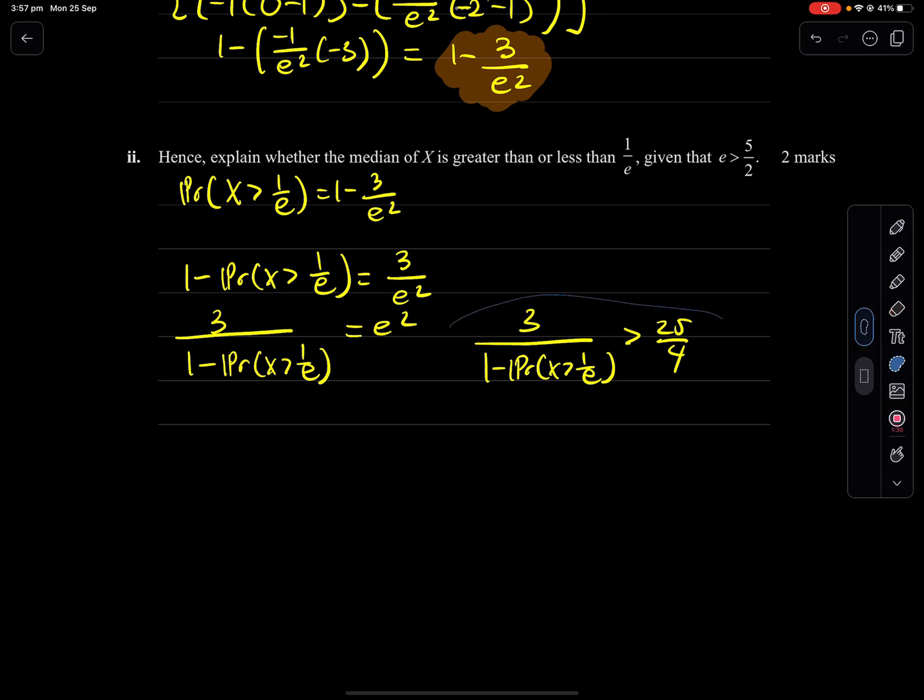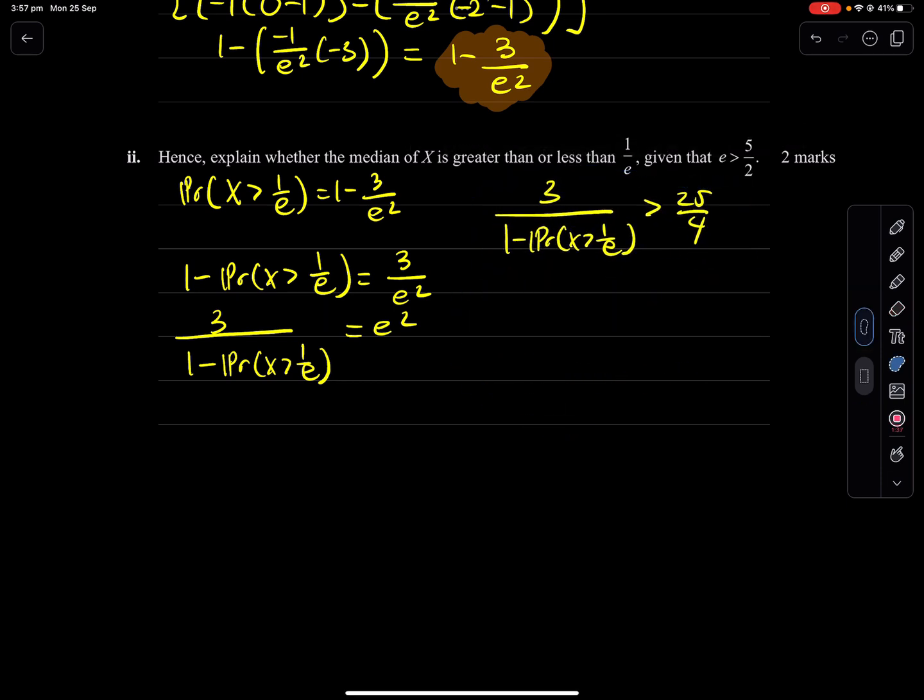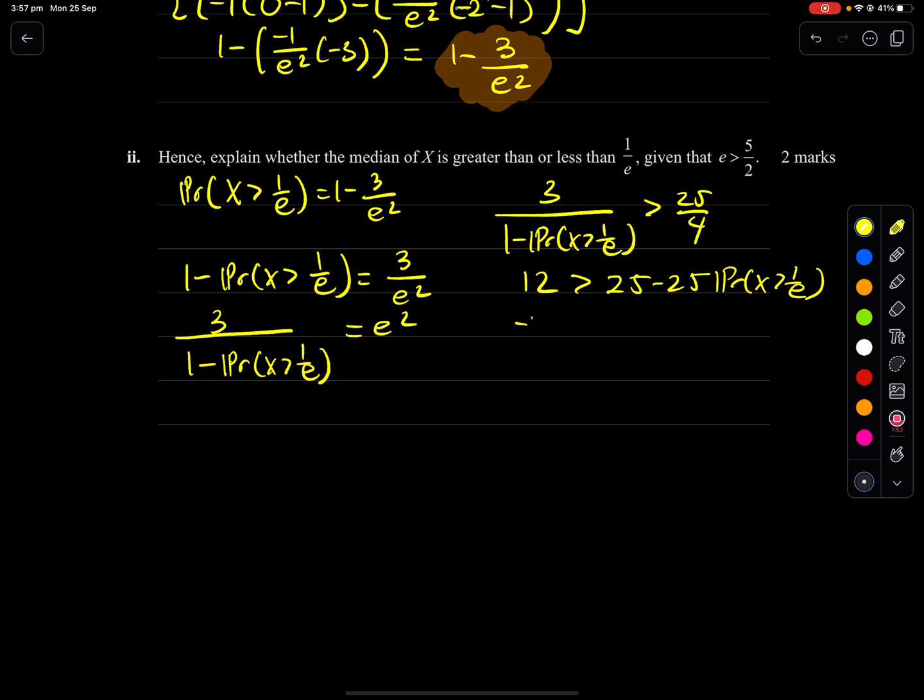So, using this here, cross multiply, will be 12 is greater than 25 minus 25 probability of x is greater than 1 over e, and I'm going to calculate for probability x is greater than 1 over e. So, it'll be negative 13, if I bring that here, greater than negative 25 probability of x is greater than 1 over e.